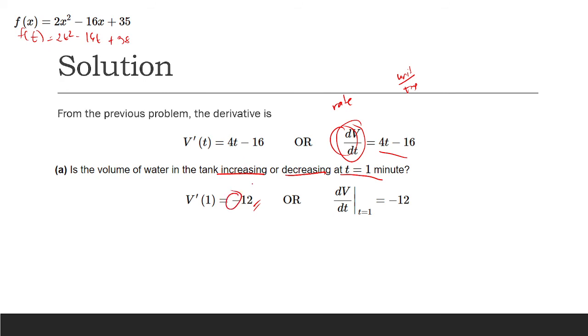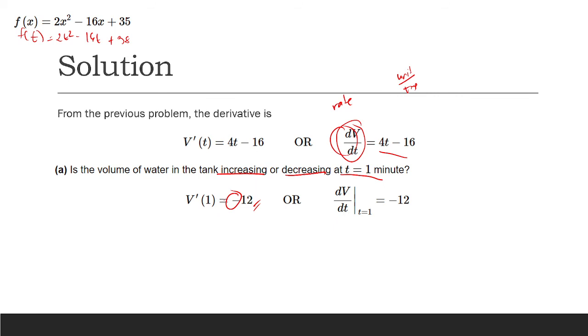So, what we can conclude is that, kasi diba, in rate of change, positive or negative, in algebra or in applications, it signifies direction. So, if this is negative 12, nagde-decrease yung laman ng tangke natin at the first minute. Gano'n siya kabilis mag-decrease? 12 units per minute. Hindi natin alam kung ano yung unit kasi walang binigay na unit ng volume. So, let's say for example, liters.